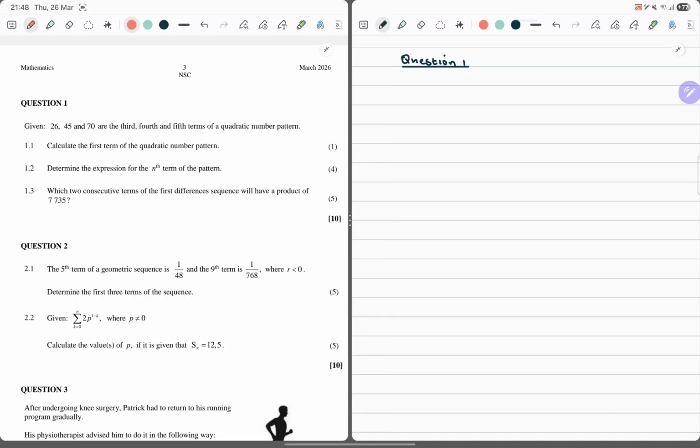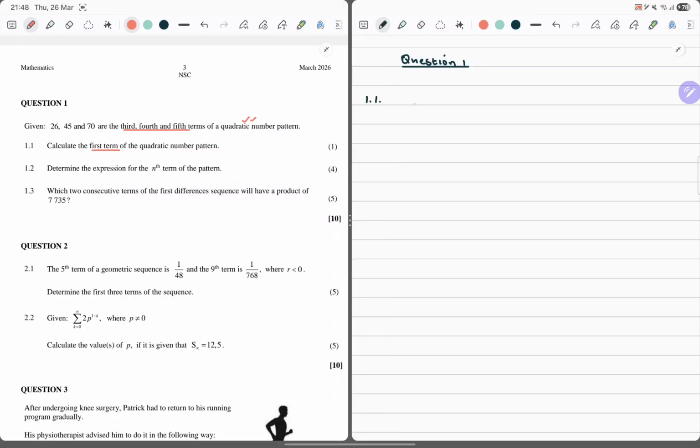So question 1 tells us that 26, 45, and 70 are the third, fourth, and fifth terms of a quadratic number pattern. Now we need to find the first term of the quadratic number pattern. Not a problem. So we've got 1.1.